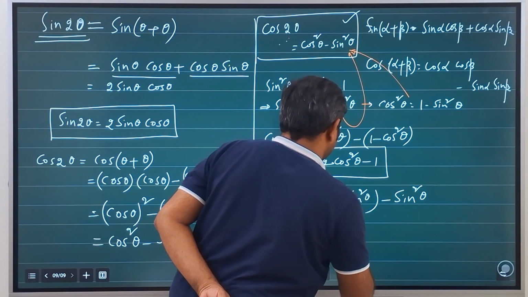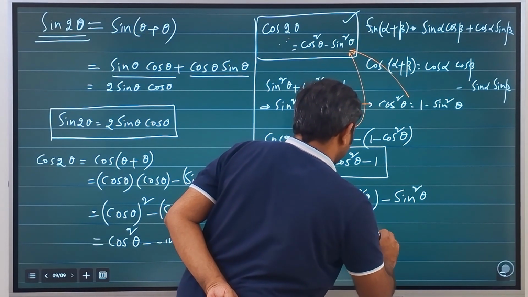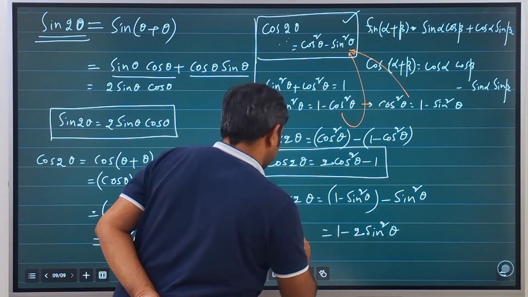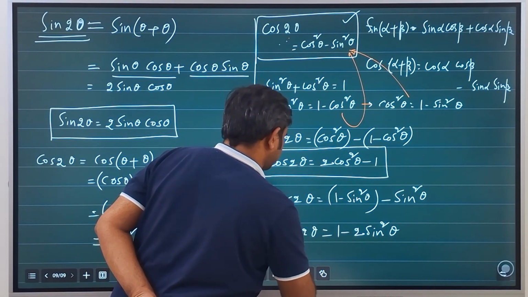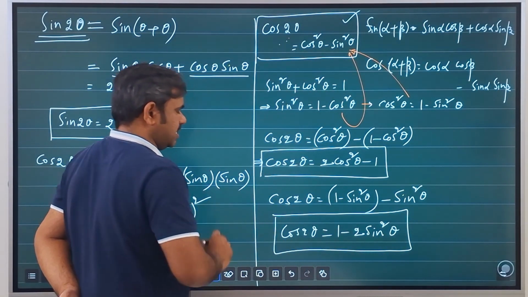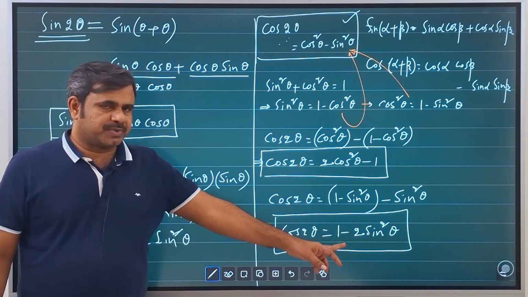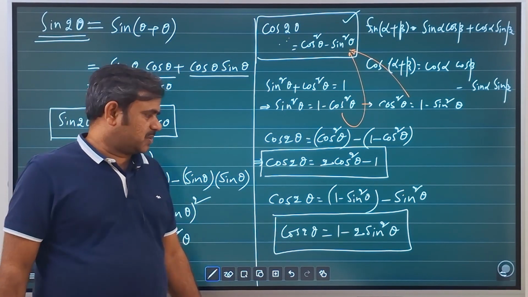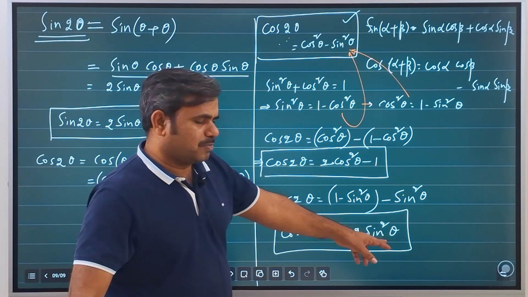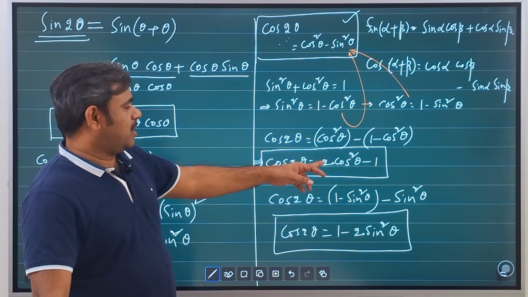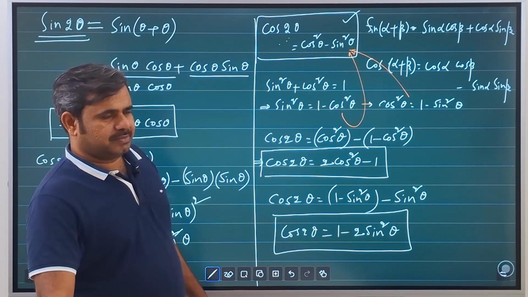When you simplify, you will get 1 minus 2 sin square theta. This is another way of writing cos 2 theta. You can write cos 2 theta completely in terms of sin theta or completely in terms of cos theta.